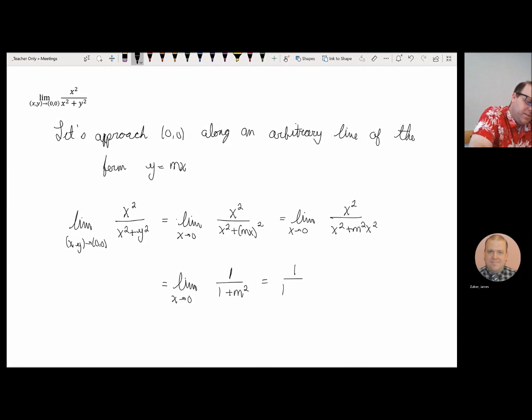Notice what we get for the limit: one over 1 plus m squared. The value of our limit depends on the line that we choose.